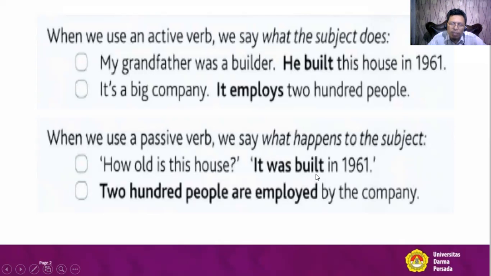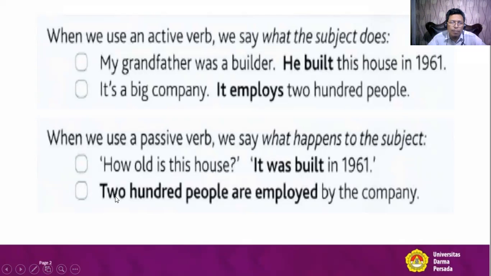So this is what we call passive verb. We don't have built directly following it, but we have was and then built. So if somebody asks you, how old is this house? What happened to this house? The answer is, it was built in 1961.